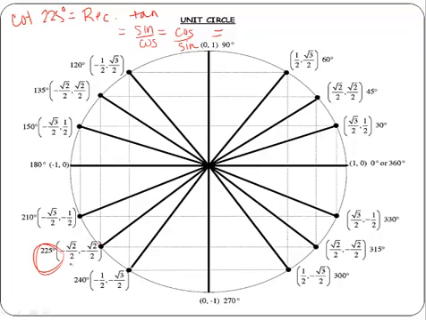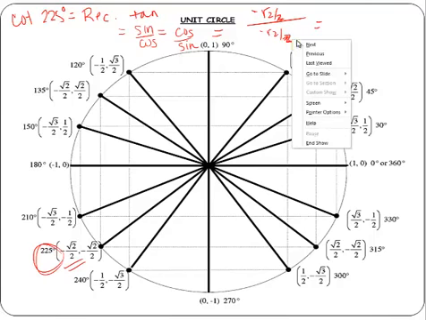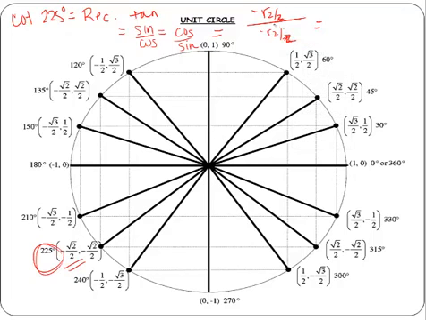Which one of these is my cosine? The first one divided by the second one. Little trick here. Whenever you're dividing a fraction by a fraction and the denominators are the same, they will end up canceling each other out anyways. It only works when they're the same. And so now you're left with negative square root of 2 divided by negative square root of 2, and that would just give you a positive 1.